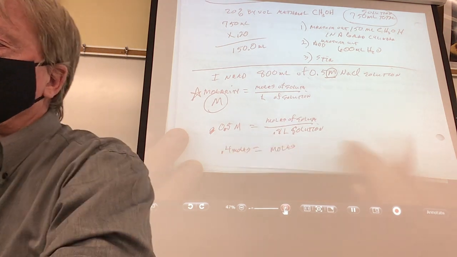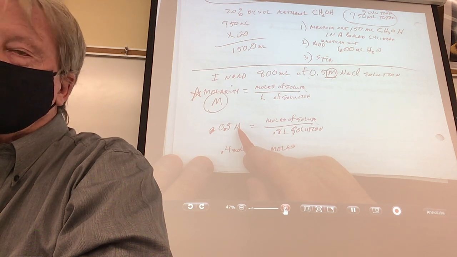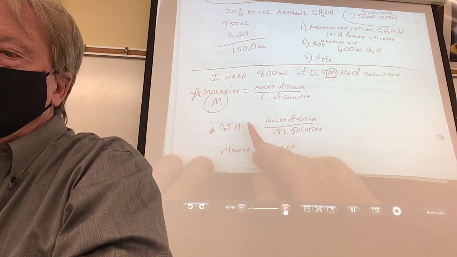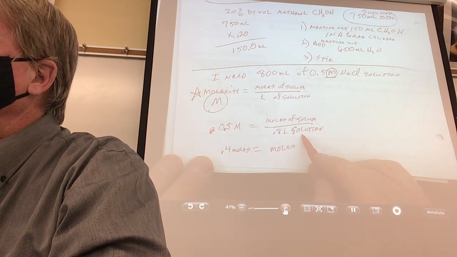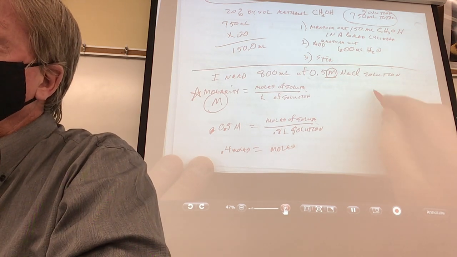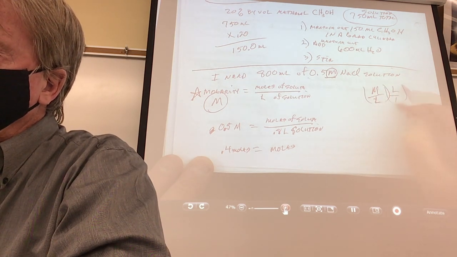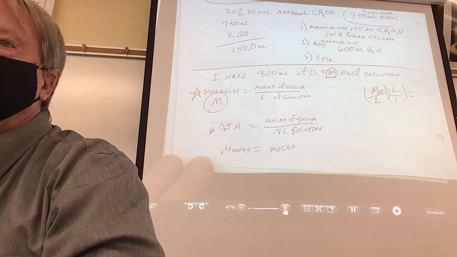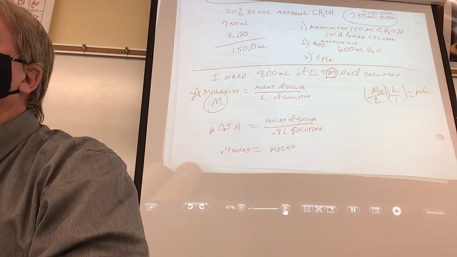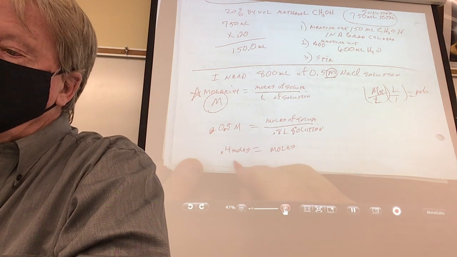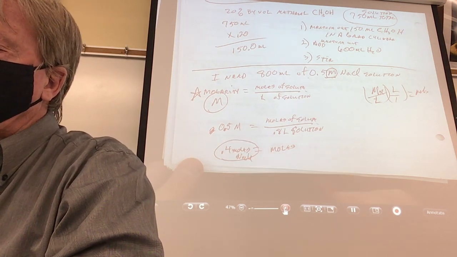Now, if you had to show your work, let me show you how this works. Molarity is moles per liter. What's moles per liter times liters? It gives you moles, doesn't it? But big M is not moles. Big M is molarity. We've done the math, and we're almost ready.